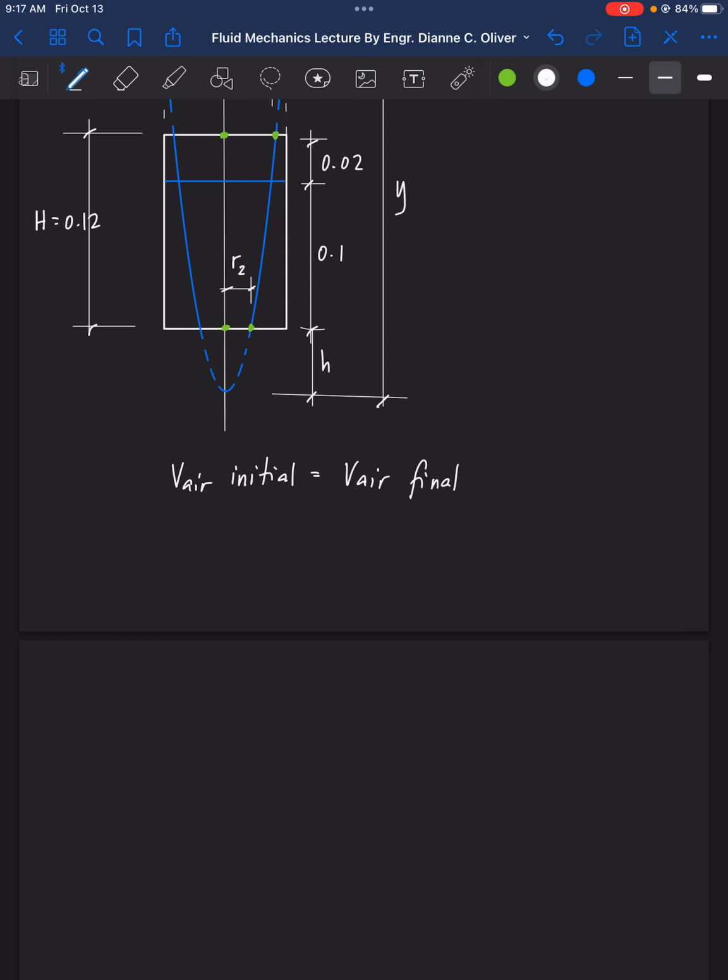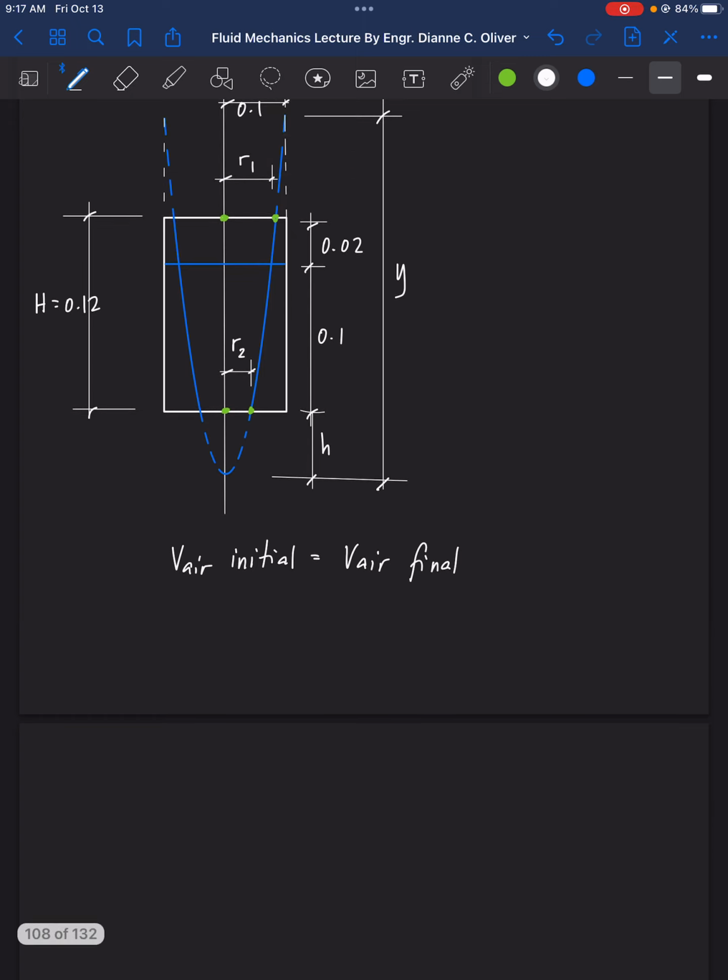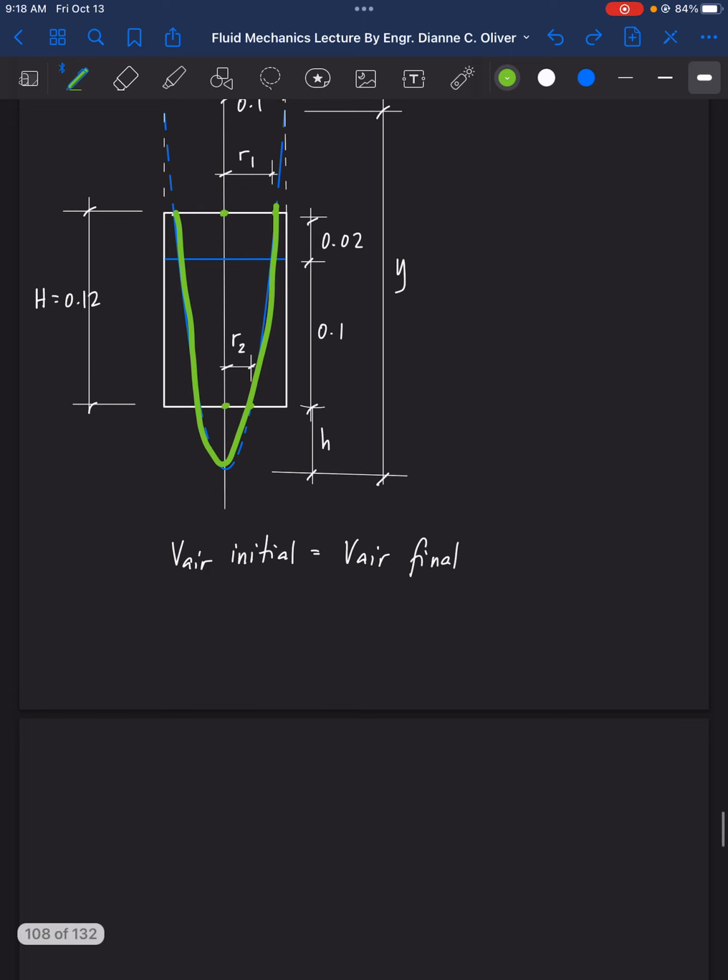The volume of the air initial will be the cylinder there. And the volume final will be this total paraboloid minus the smaller paraboloid. That will be the final air volume.